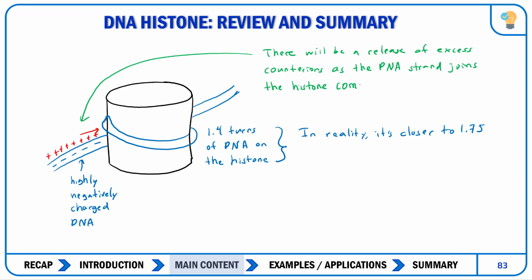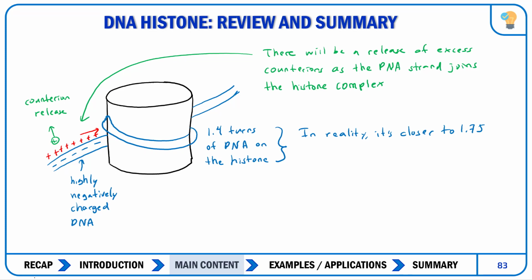So that means you have a bunch of these positive counter ions being released, as they're being replaced by the charges on the histone to help stabilize the DNA. So the DNA is going to be highly negatively charged. There's going to be a high planar charge density of those counter ions, and they're going to get released as your DNA wraps around the histone.